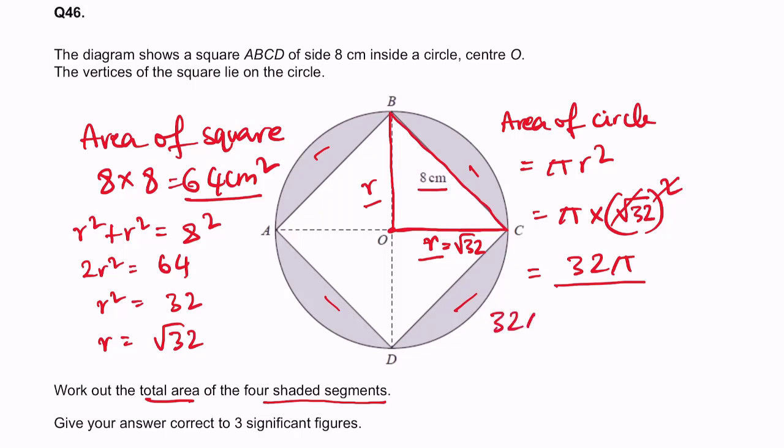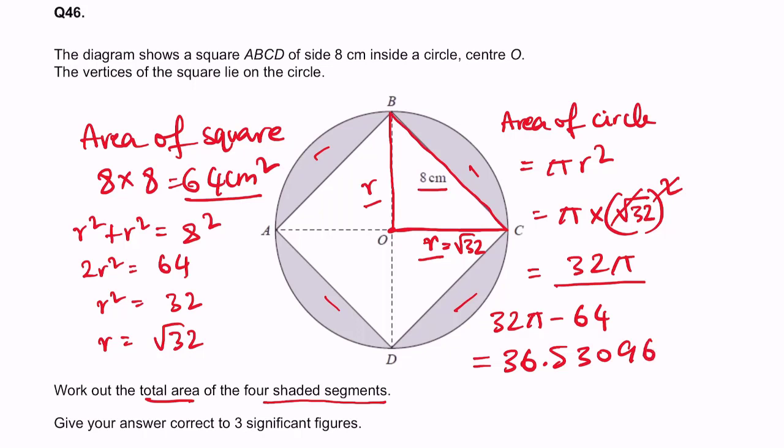So 32 pi take away 64, and that gives us an answer of, let's type it on this calculator, 32 shift pi take away 64, and that gives us an answer of 36.53096 and so on.